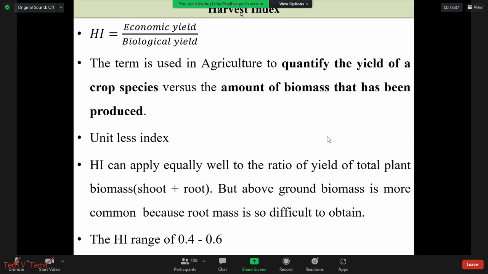Because the biological yield includes the root calculation also. If we neglect the root, then it is near 1. So the harvest index is always less than 1. Normally it is in the range 0.4 to 0.6.